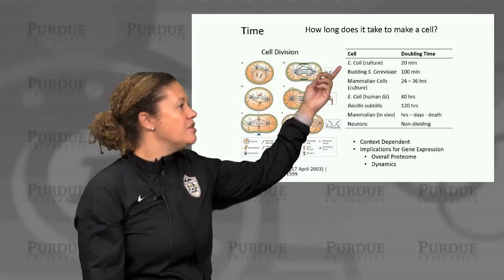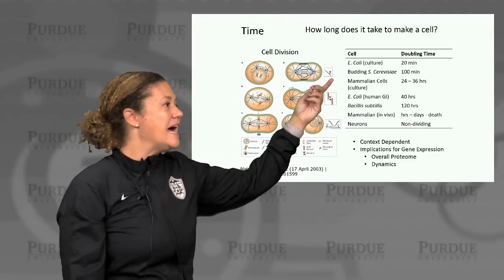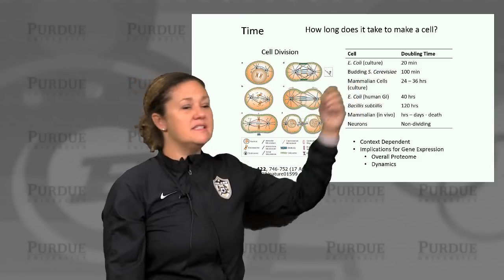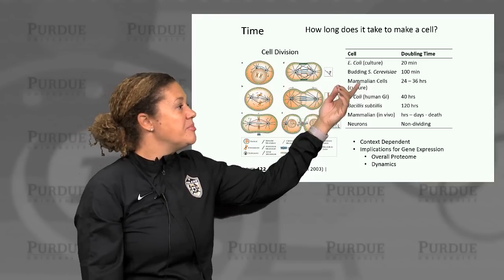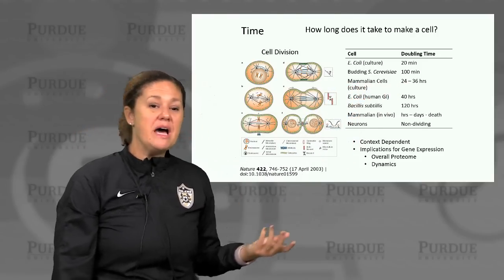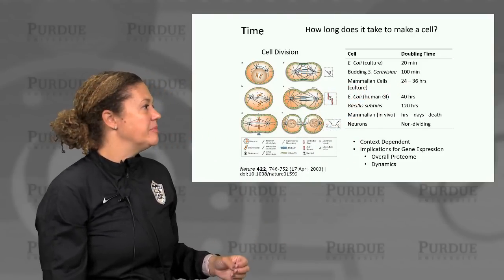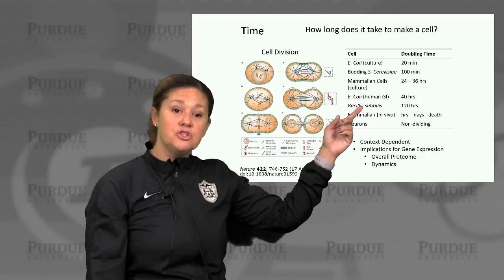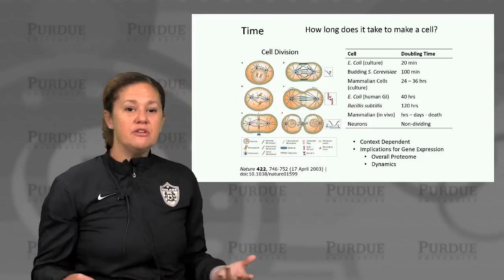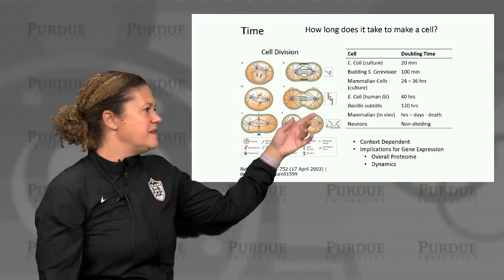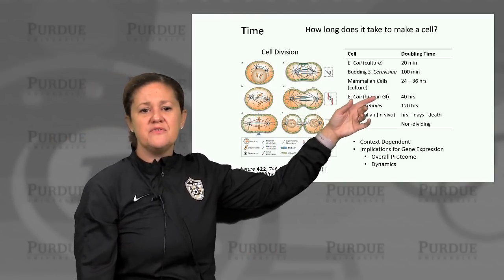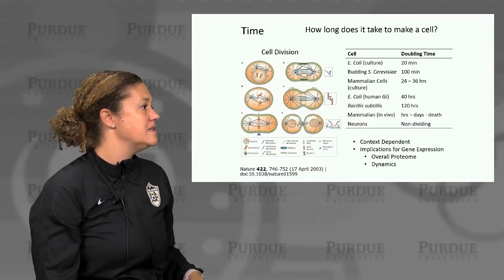A typical E. coli in culture in the lab can have a doubling time as fast as 20 minutes. Budding yeast in the lab may be about 100 minutes as a typical number. Mammalian cells in culture in the lab are generally about a day, day and a half, sometimes 2 days. But about 24 to 36 hours is very common for mammalian cell lines in the lab.